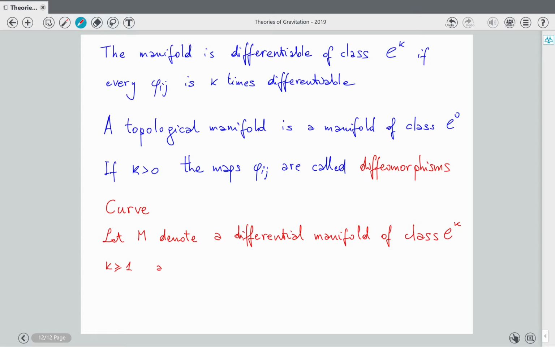And I denote an interval of the real line.